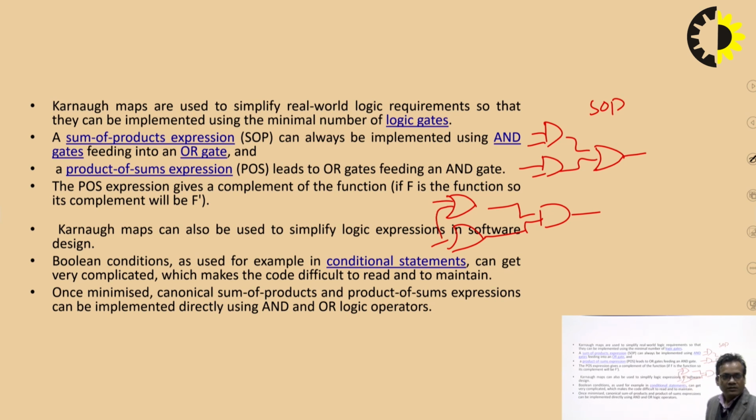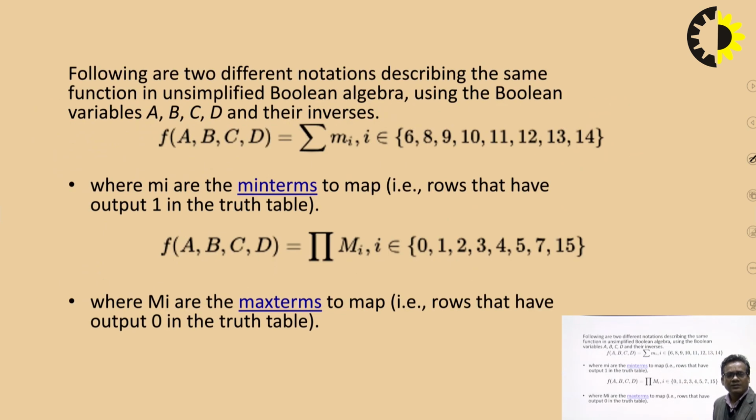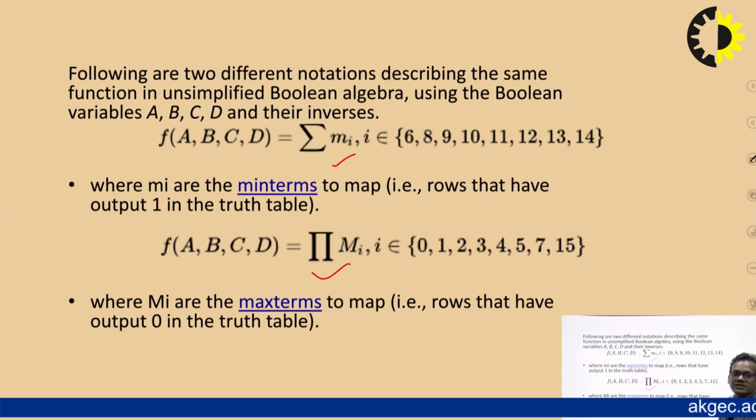We will now discuss how the K-map is created. You are given different kinds of notation for the Boolean function. If you find this kind of notation, it is called the min term format of the given function. If you find this other kind of notation, you will say it is in max term notation. In min terms, the 1 is considered in place of the number in the K-map.